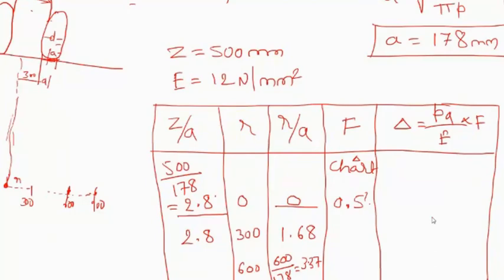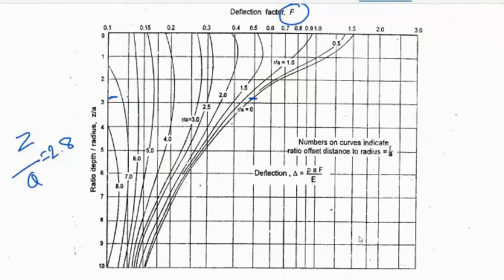And the next condition is when Z by A remains the same 2.8, and R by A is equal to 1.68. I will consider 1.7. Here it is the same 2.8, R by A equal to 1.7. So 1.5 and 2 are there. We'll have an imaginary line slightly parallel with these two lines, right? Somewhere it is cutting here.